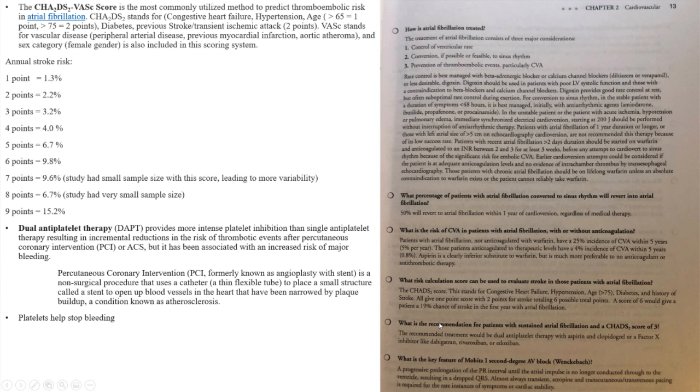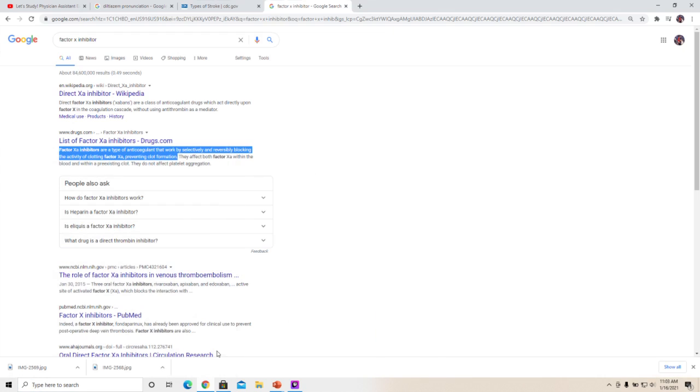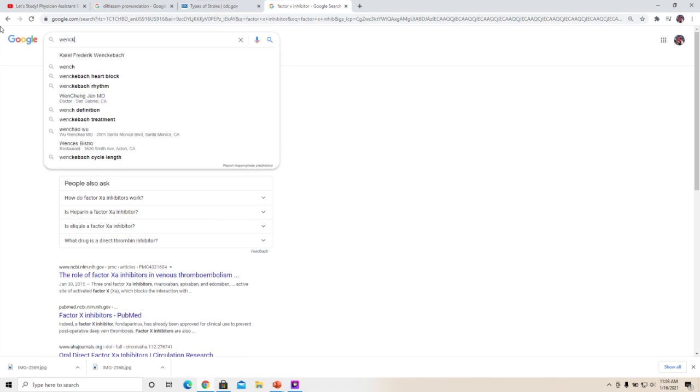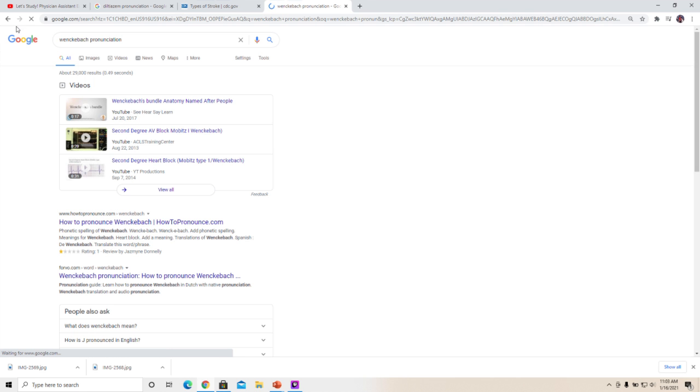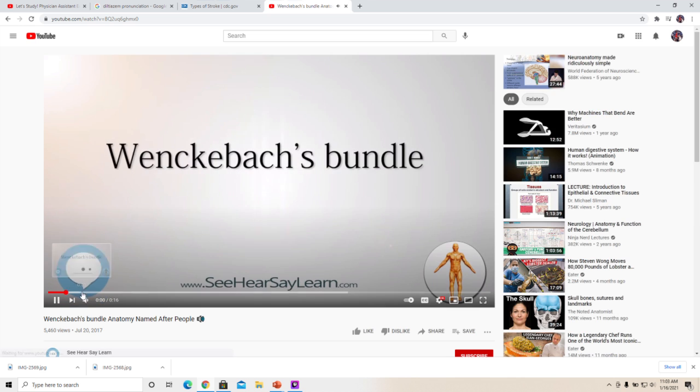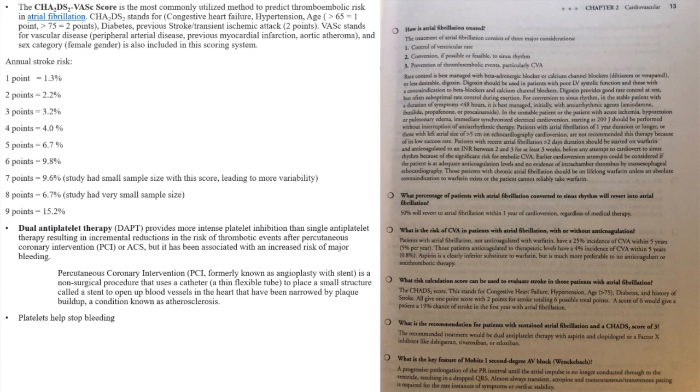Okay. What is the key feature of this kind of AV block, atrioventricular block? Let's see how I'm supposed to pronounce that. Wenckebach. A progressive prolongation until no longer. They already asked this, right?